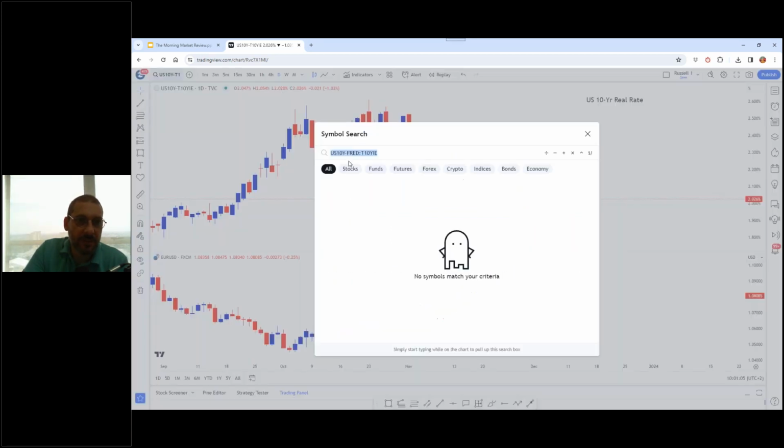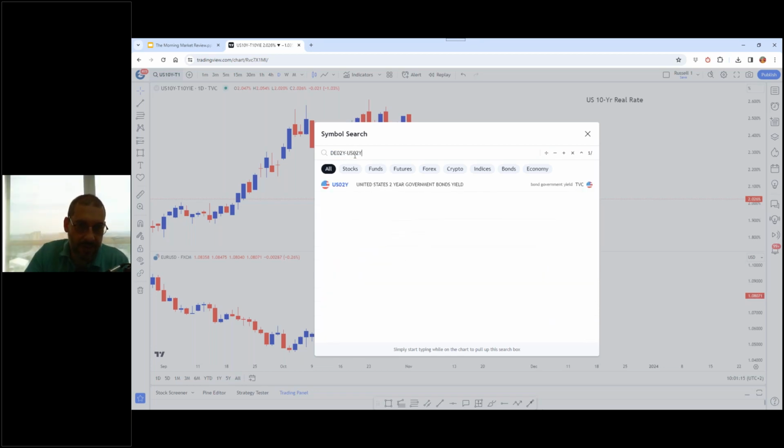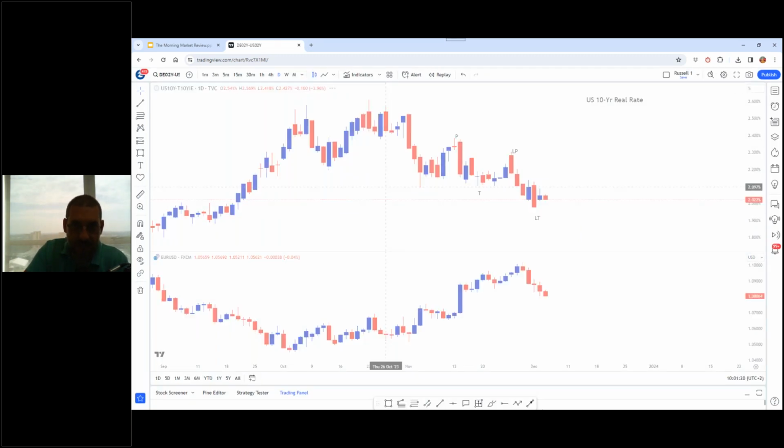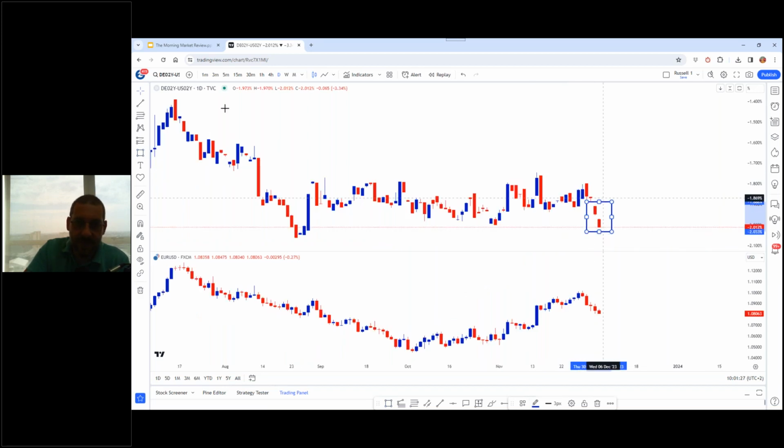And what we'll do is we'll make this the German 2-year minus the US 2-year. So now we're looking at the short end of the yield curve. We're looking at the spreads, and we want to see if there is some sort of correlation there. And you can just see here that the spread has dropped. Let me put in some arrows there.